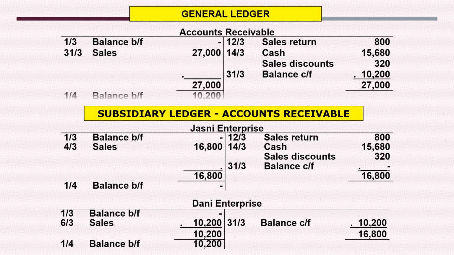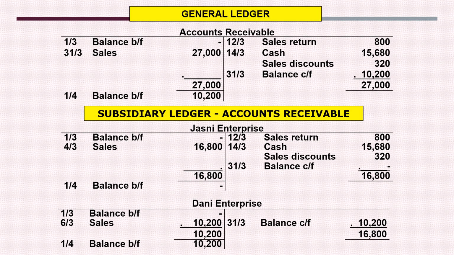Those are from Dani Enterprise and Dani Enterprise. While sales return, cash, and sales discounts are from Dani Enterprise only, because Dani Enterprise didn't have those transactions.